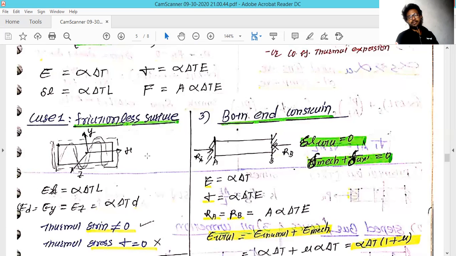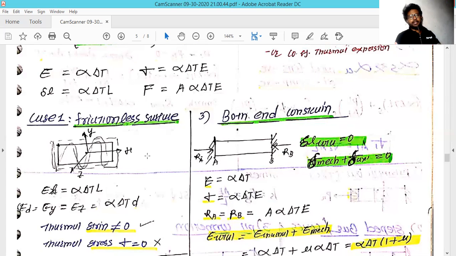It changes its length as well as its diameter, because apart from these two things we cannot calculate any other. But it has a lot of space, because it is an open space and there will be no restriction on it. Just because of that, there will be no stress developed in this rod.